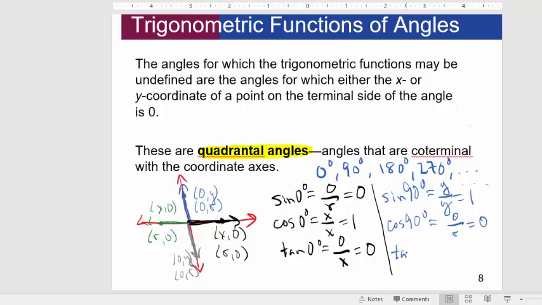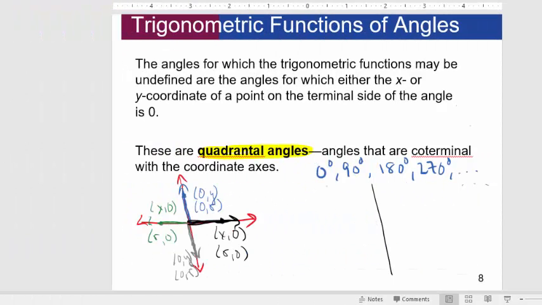And the tangent of 90 degrees is going to be y over x, but it's going to be y over 0, which is undefined. So the sine of 90 degrees is 1, the cosine of 90 degrees is 0, but the tangent of 90 degrees is undefined because you can't have a 0 in the denominator.